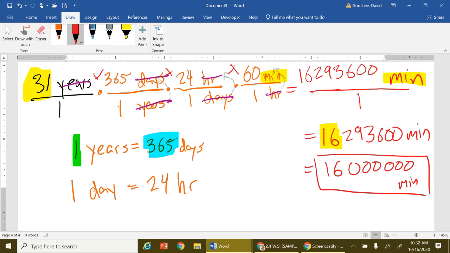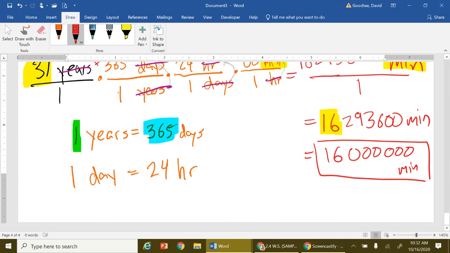Okay. Alternately, this is one of those situations where maybe you want to do some scientific notation. 1, 2, 3, 4, 5, 6, 7. 1.6 times 10 to the 7th minutes.